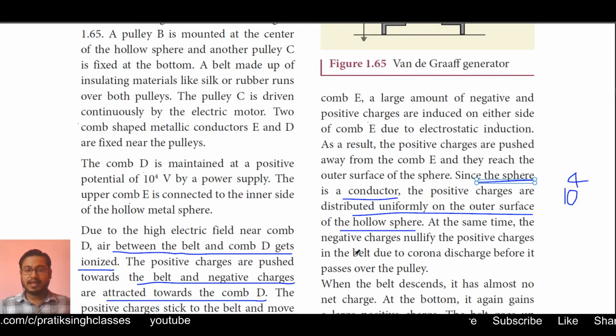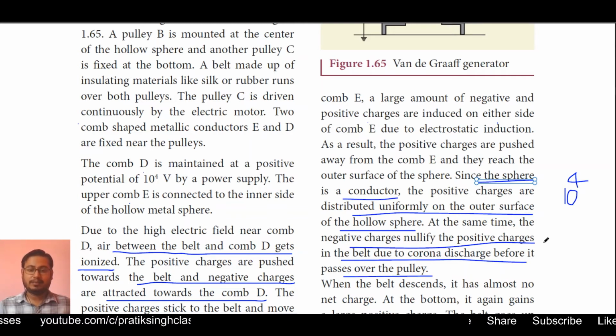At the same time, the negative charges nullify the positive charges in the belt due to corona discharge before it passes over the pulley. Same thing happens here: because of corona discharge, the pulley becomes electrically nullified.